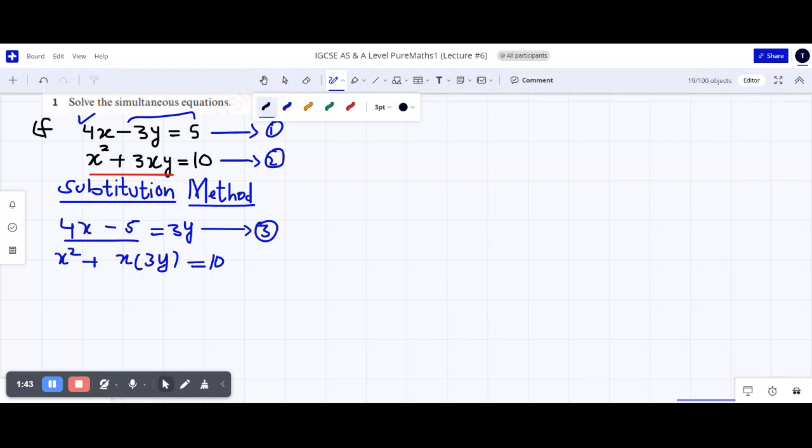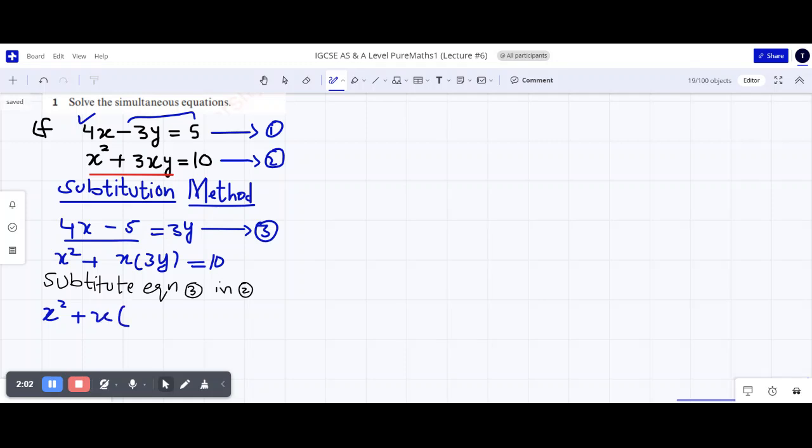Now let's substitute equation 3 into this equation. So it would be x squared, which we keep the same, plus x also. Instead of the 3y we write equation 3, 4x minus 5, which equals 10.